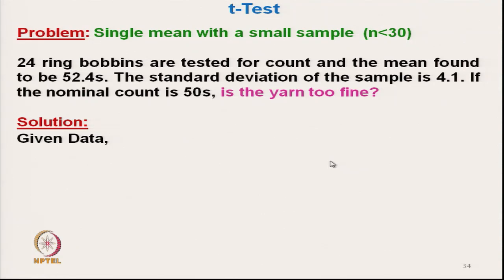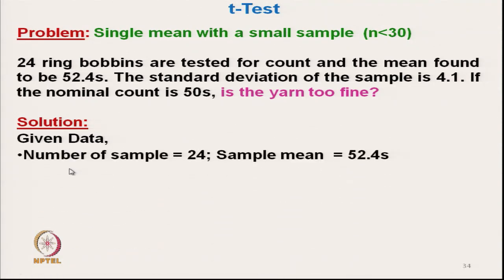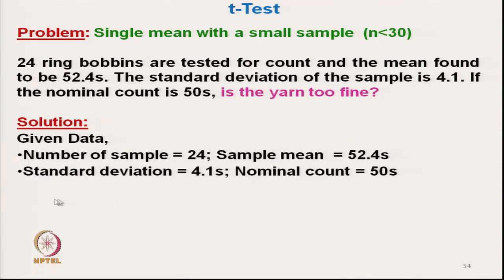Now, what are the given data? The number of samples is 24, the mean of the sample is 52.4, the standard deviation is 4.1, and the nominal count is 50, that is the targeted count that has to be produced. But when we tested the sample, it came to 52.4.